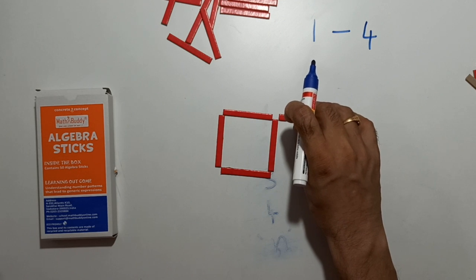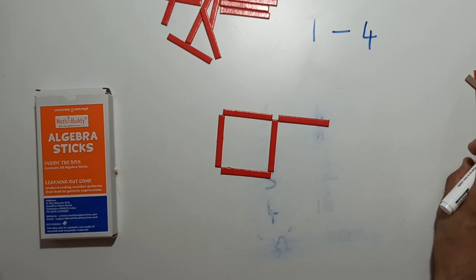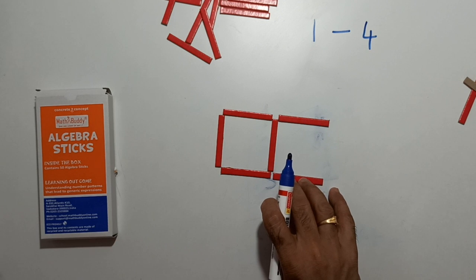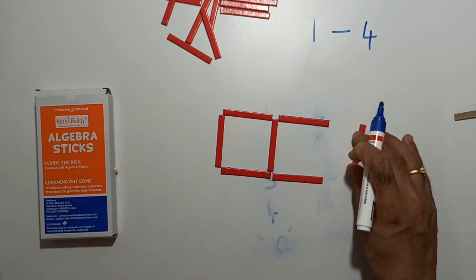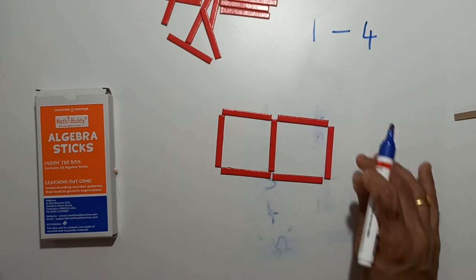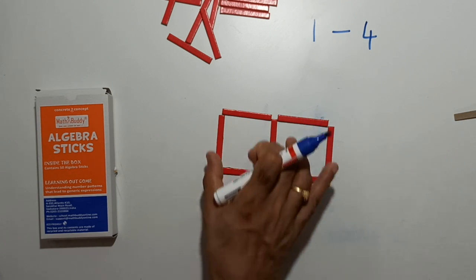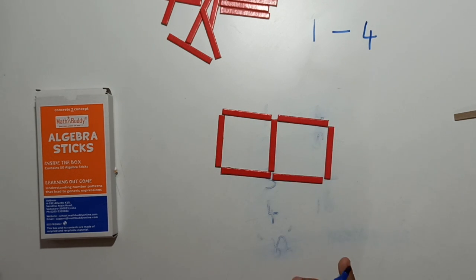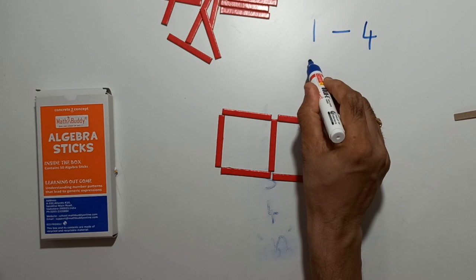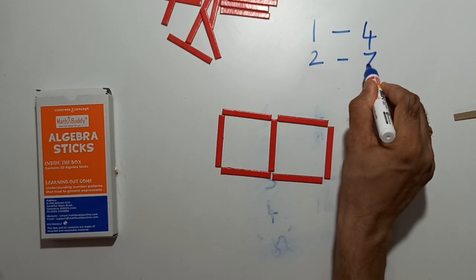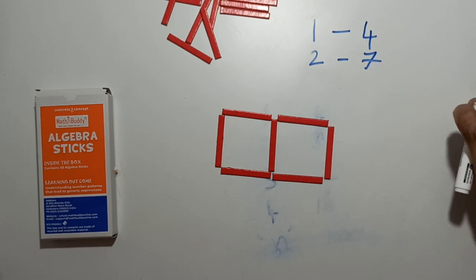Now if I join one more square to this, I'm just going to add 3 sticks to create a square which is joined to this. I had 4 sticks and I've added 3 more sticks. So to form 2 squares, I needed 7 sticks in this case.